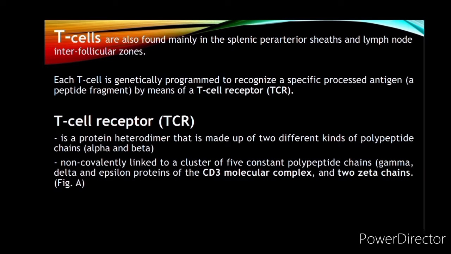These two chains, the alpha and beta, are linked by a disulfide bond. Each chain has a variable antigen-binding region and a constant region. The TCR diversity for billions of potential antigens or peptides is generated by somatic rearrangement of the genes that encode individual chains of the TCR.